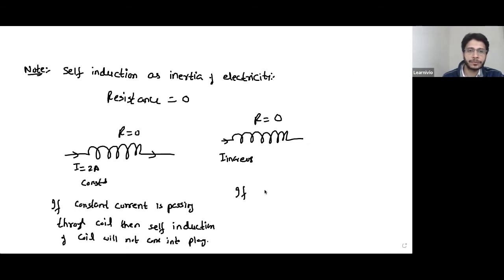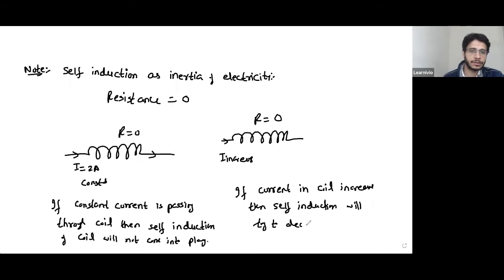If current in the coil increases, then self-induction will try to decrease it, because it always opposes change in current. It's not resistance, it's something else than resistance, a new property.